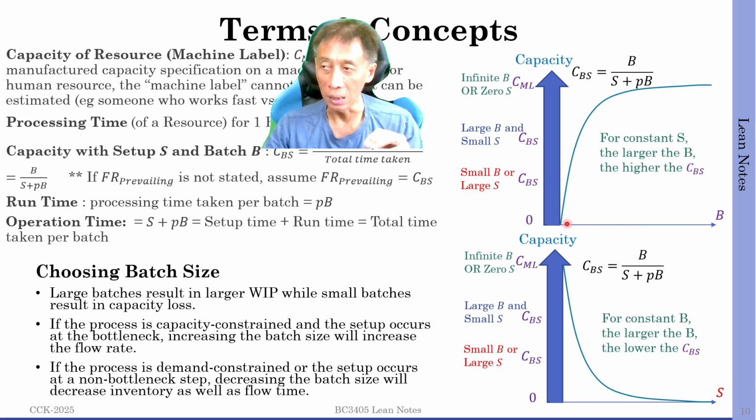Because this curve is the same for all kinds of resources, machine, man-machine work team or whatnot, it makes sense to increase B initially. But it doesn't make sense when B is already very large, because of the point of diminishing return. The reverse is kind of true here. When you somehow have the need to increase the setup time a little bit, from no setup time to a little bit more setup time, the drop is very severe.